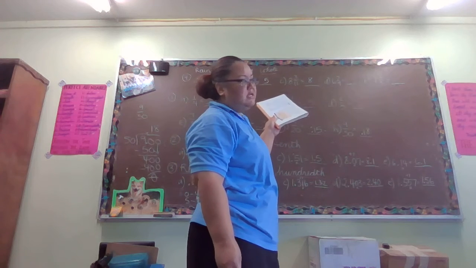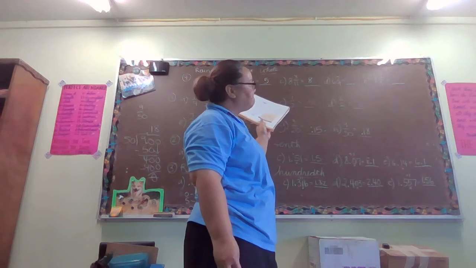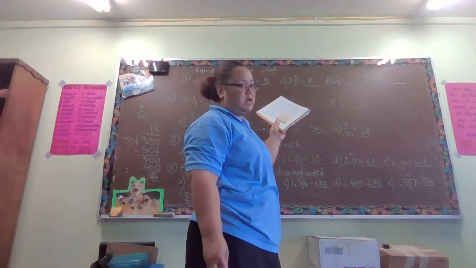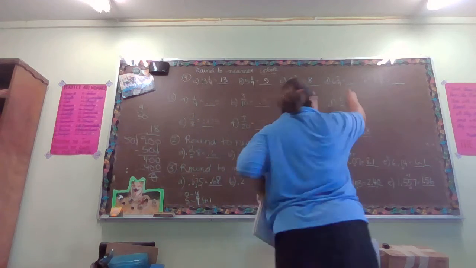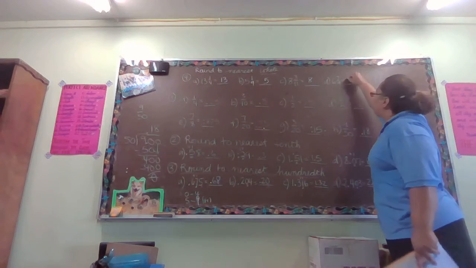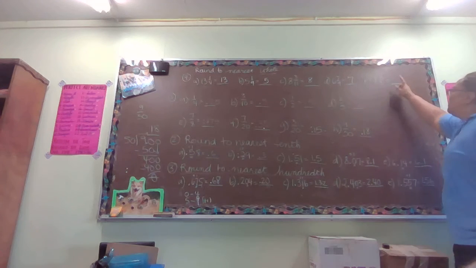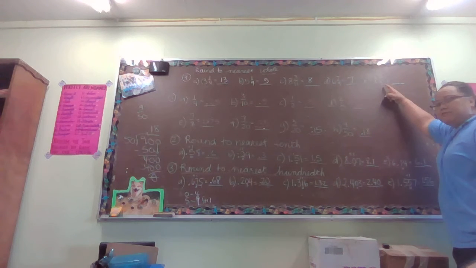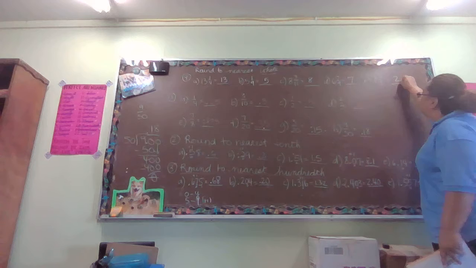The half of 9 is 4.5. And 7 is greater, so we round up to 7. Half of 3 is 1.5, and 2 is bigger, so we round up to 2.